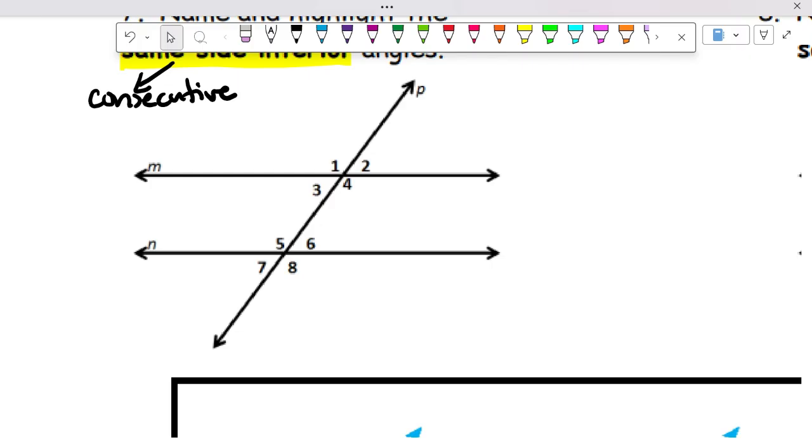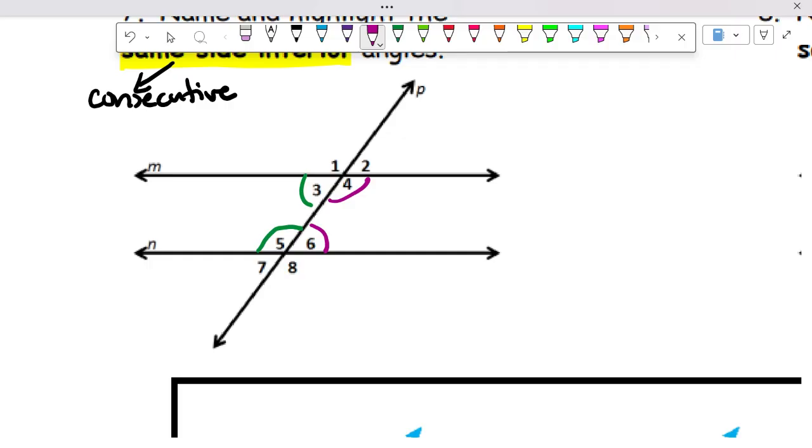What's one set of same side angles? 5 and 6? No. Same side of the transversal. 3 and 5. What's the other set? 4 and 6.